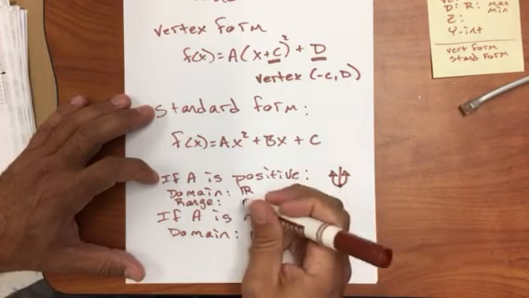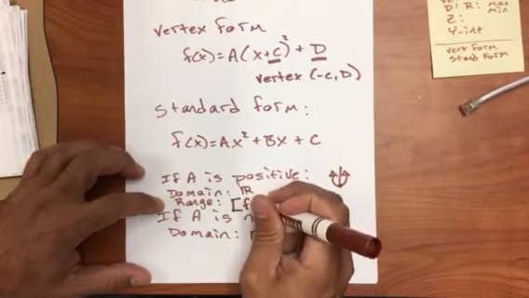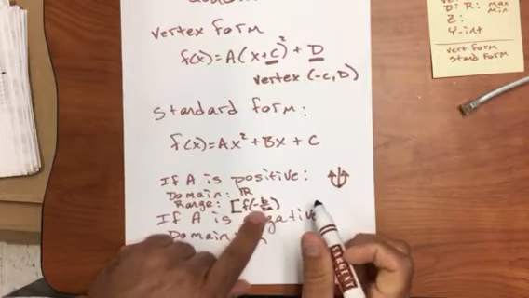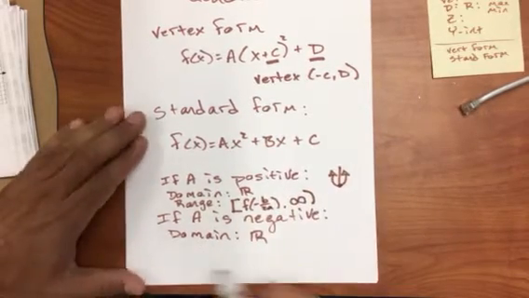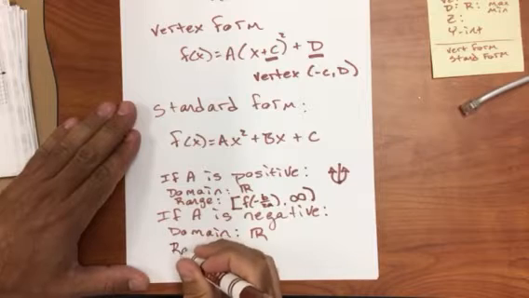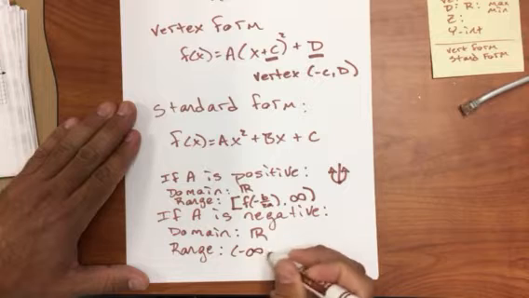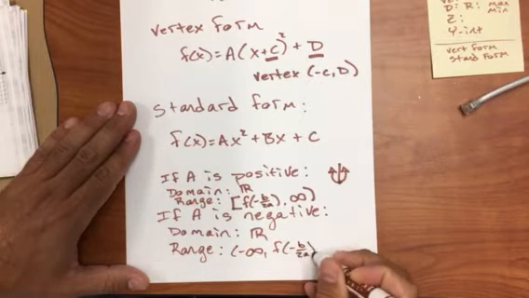What I'm going to put is, it's going to start there. It's going to be f of negative b over 2a, which you have to figure out what this number is, to infinity. And on this one, it's going to be facing down. So your range is going to be from negative infinity to f of negative b over 2a. And you have to figure out what that is again.